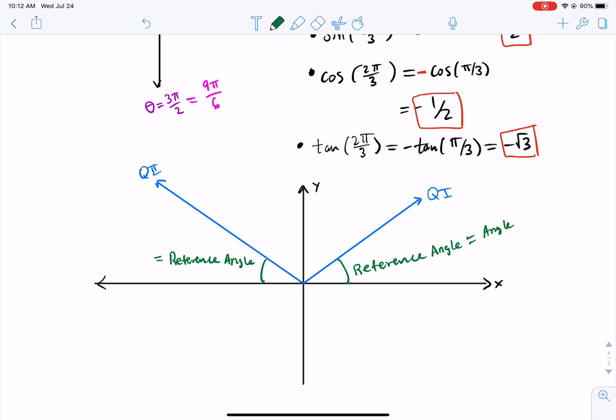The reference angle will be 180 degrees, or pi, minus theta, or 180 degrees minus the angle. That's how we're going to get it. Does it make sense why we subtract 180 minus the angle? The angle here is in the second quadrant. And what about something like this right here?